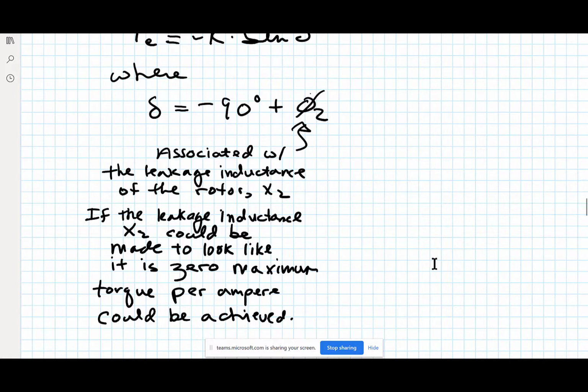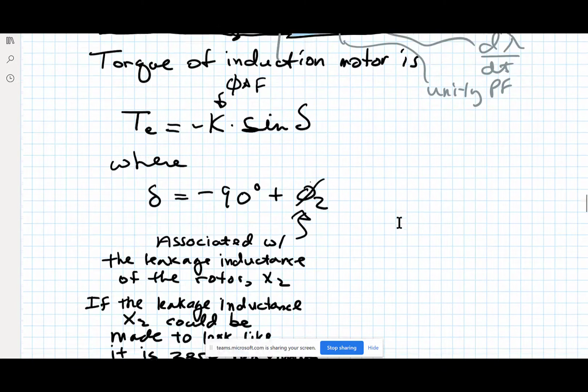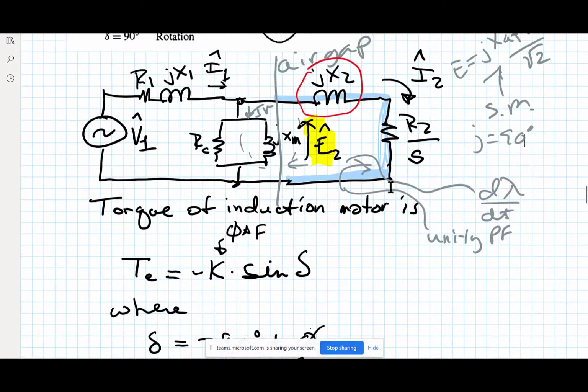But since physically you can't do that, that's where drive controls come into play. If you've ever heard of vector field-oriented control machines, all they really do is work to orient the phases between the currents to cancel out the effect of the leakage inductance. It's very complicated, and it's dependent on estimating what that value really is.